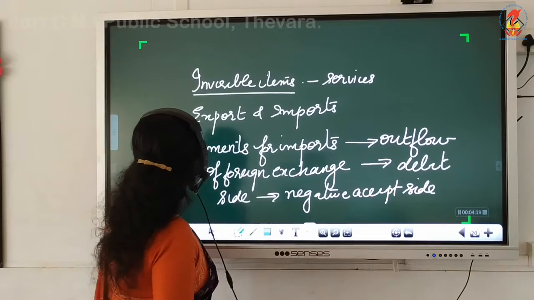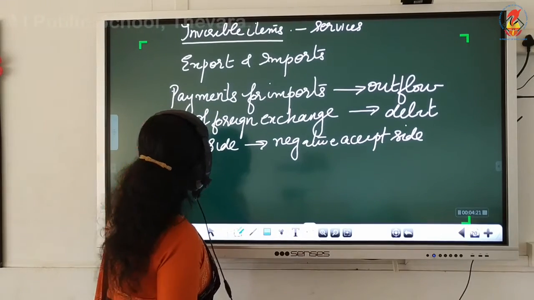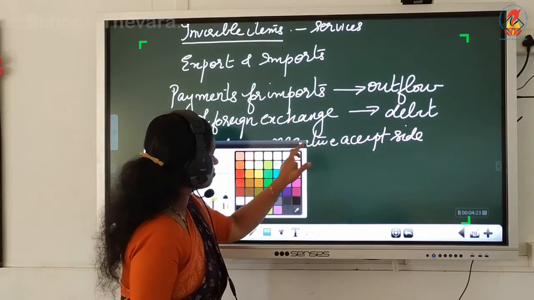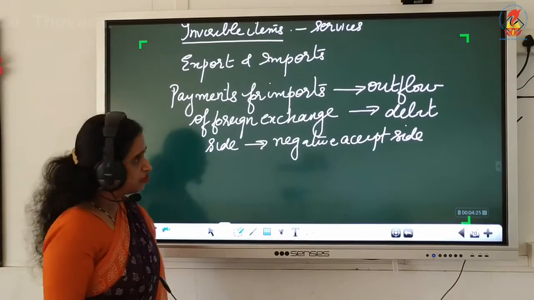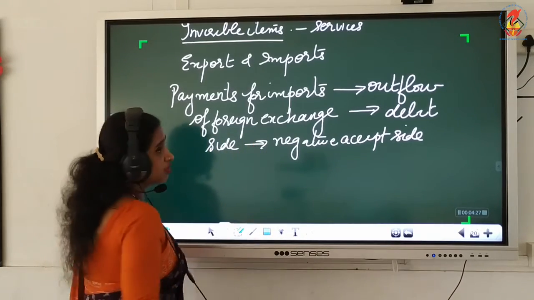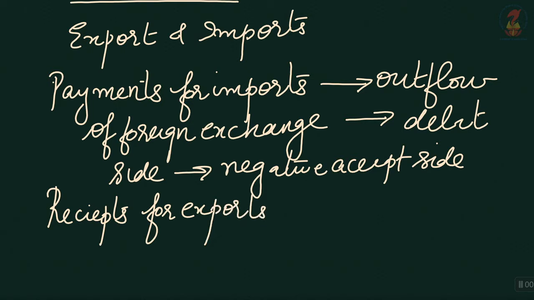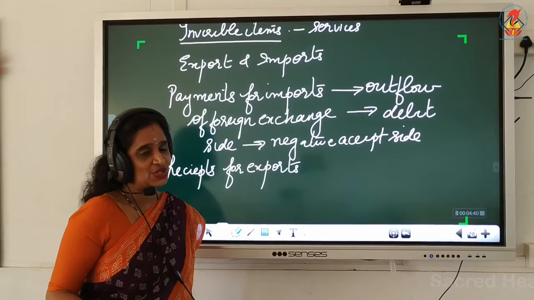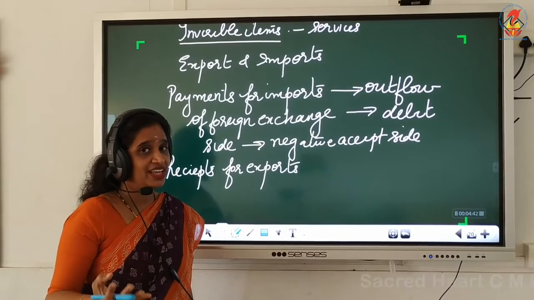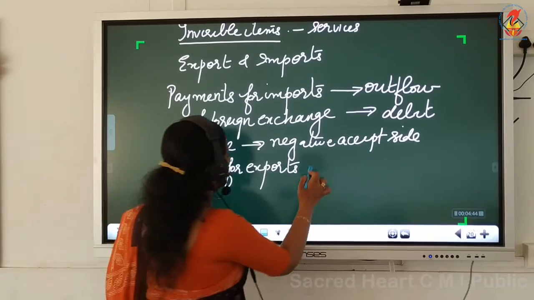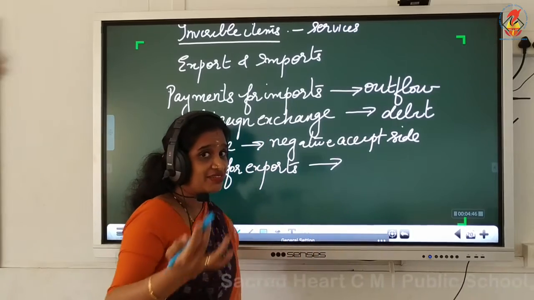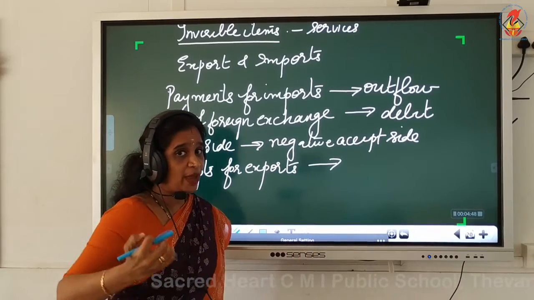Similarly, we have to write for exports. I told you both exports and imports are important. So when we write about exports, how will you write? Receipts for exports. That means we are selling our services to some other country, so they will pay us.